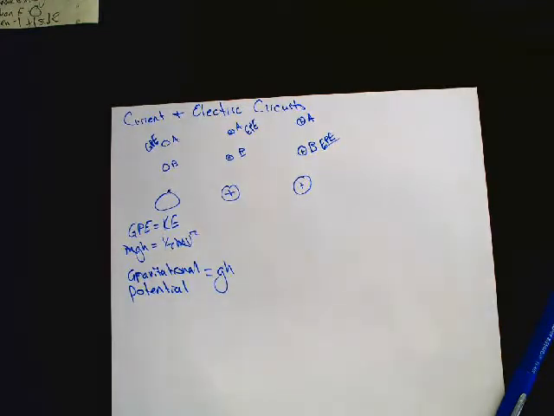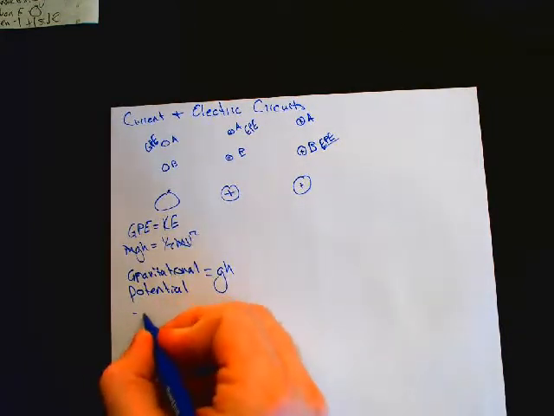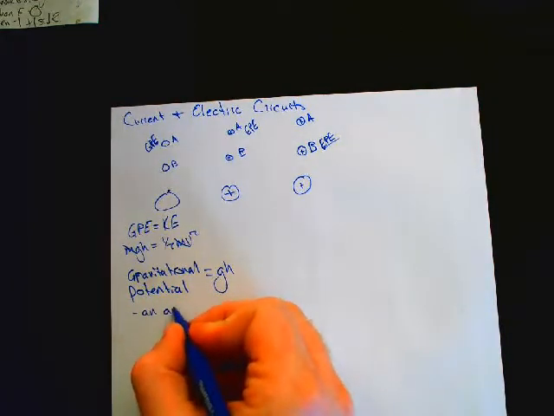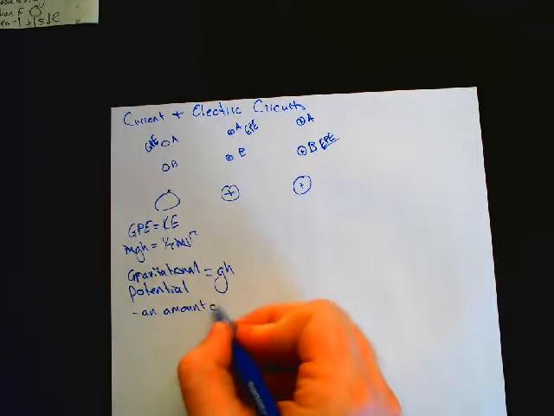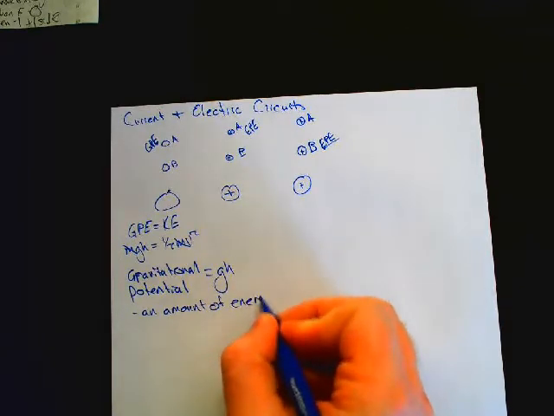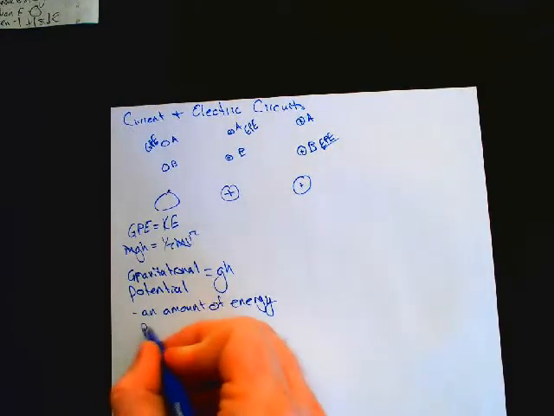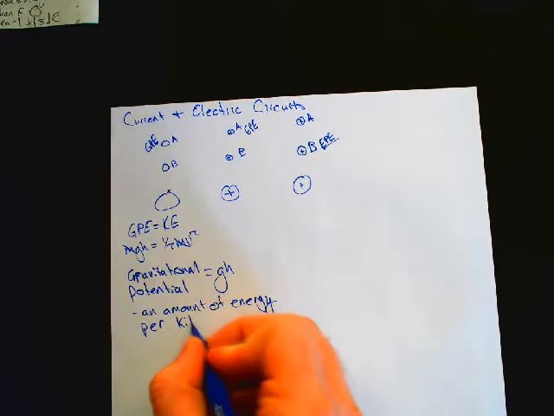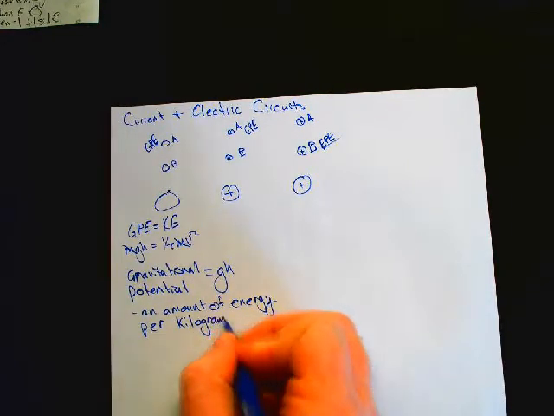They're all going to have the same amount of energy per kilogram the object has when they're in that location. So this is an amount of energy per kilogram at a point in space.